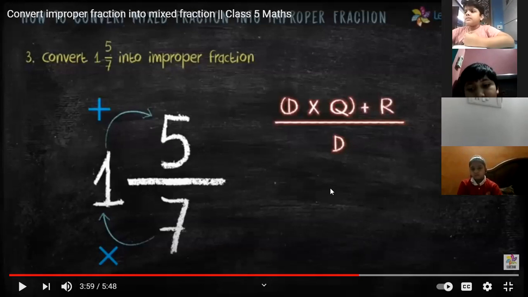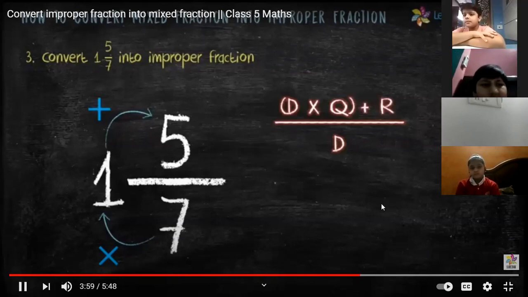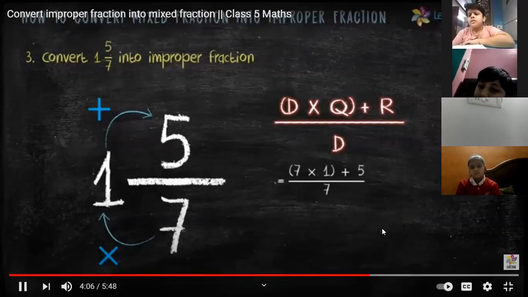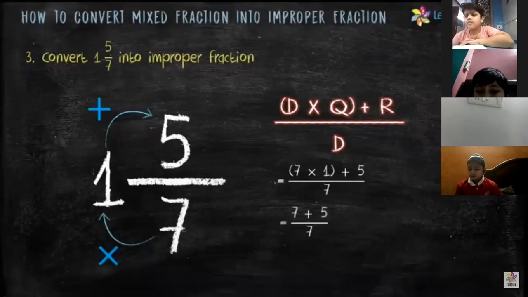So let us check whether your answer is correct or not. Here, (D multiplied by Q plus R) by D equals (7 into 1 plus 5) by 7, which is equal to (7 plus 5) by 7, equals 12 by 7.